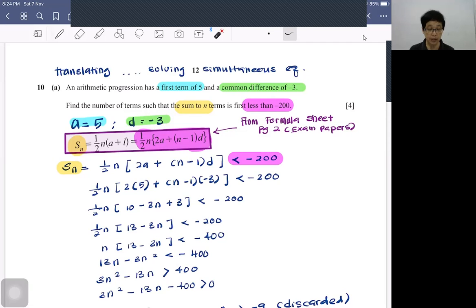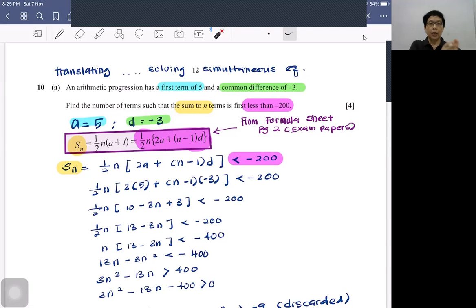Continue reading the question. Find the least number of terms such that the sum to n terms is less than negative 200. What does it mean by the sum to n terms?